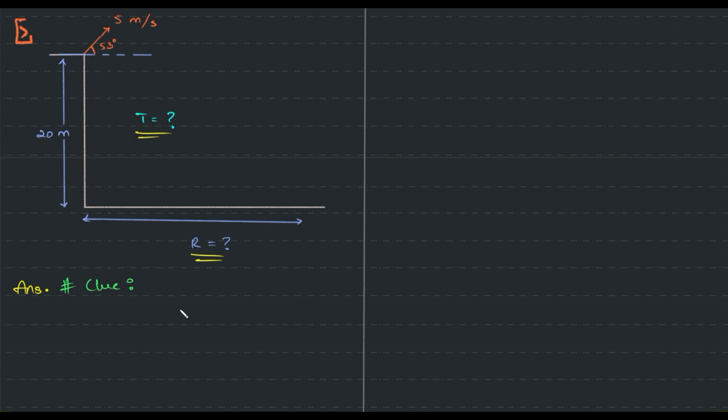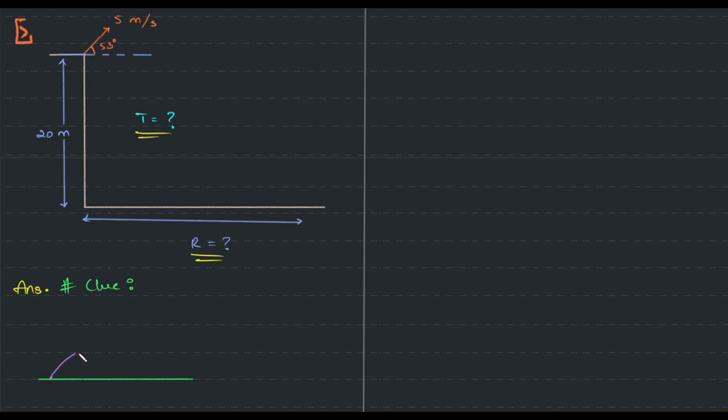Okay, what is the clue? Clue is this. I'll give you guys, actually it's kind of answer also and clue as well. So this is the clue.